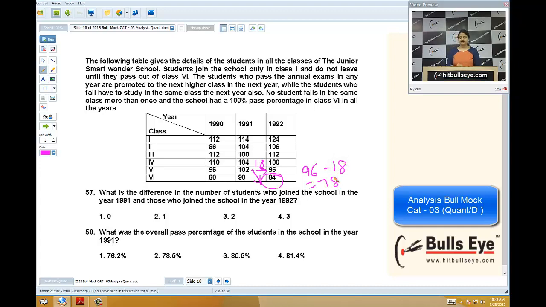It means there were 78 new students in class 5th in 1992. And these 78 students are those who have passed class 4th in 1991. Are you okay with this logic? By using this logic, we'll make a graph, we'll make a table.